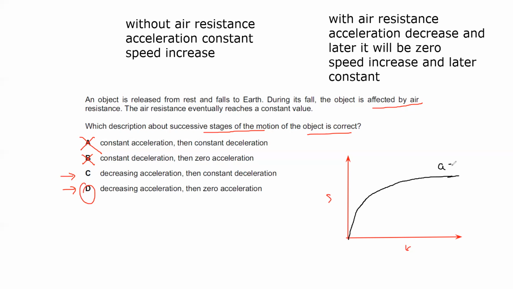At this point acceleration is 0, at this point acceleration is decreasing. Whereas without air resistance, it will always be a straight line. It means it has a constant acceleration. Is it clear why D is the right answer for this?